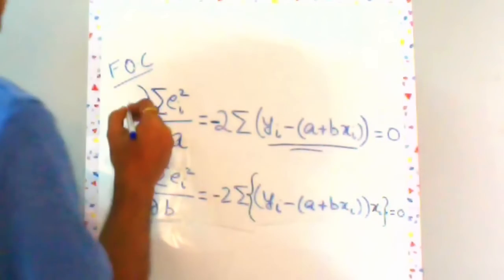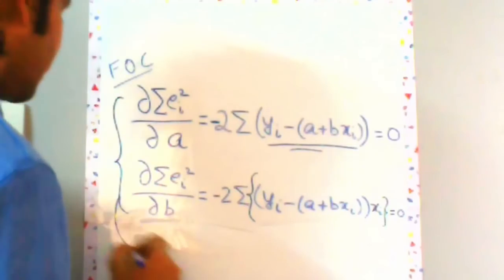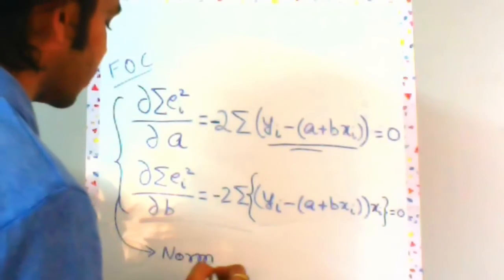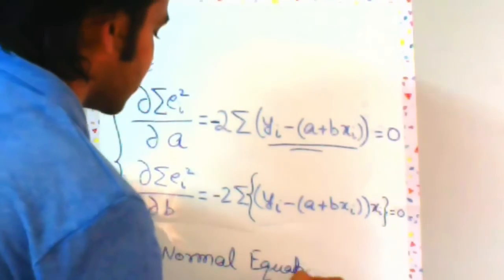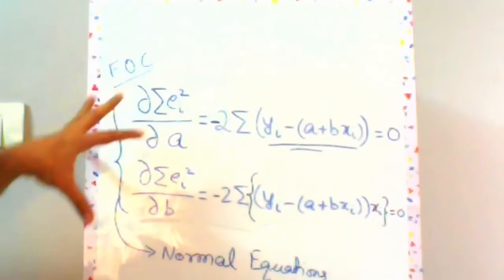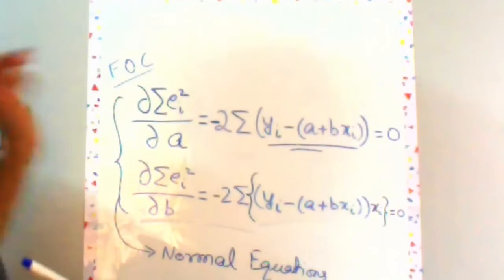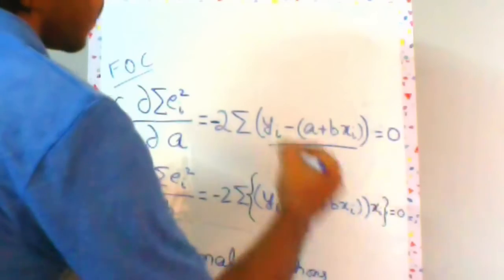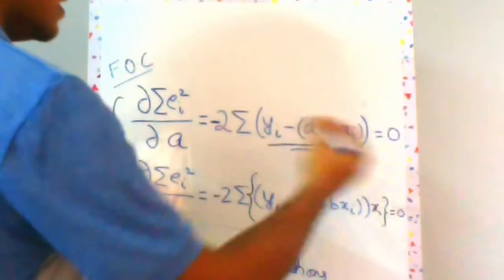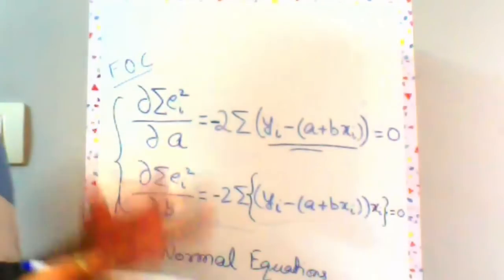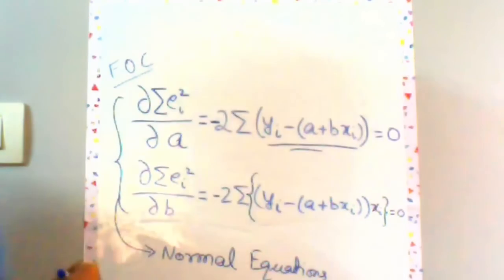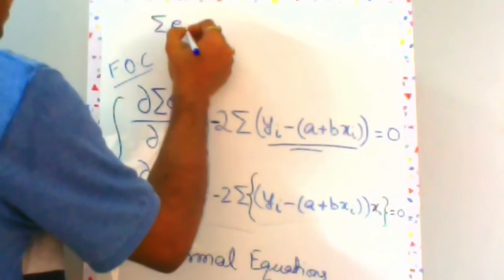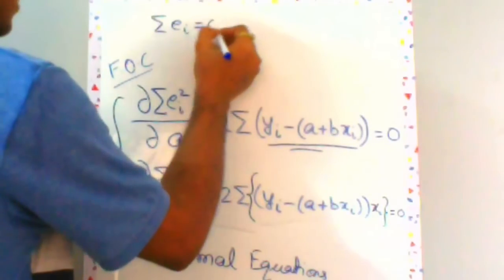Now these two equations are known collectively as normal equations. You can also think of normal equations in a slightly different way. What is this guy over here? This guy over here is your ei, the residual of the ith point. So you can write summation ei equal to 0.